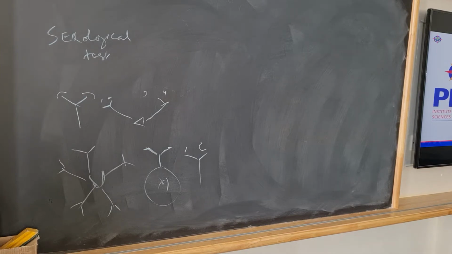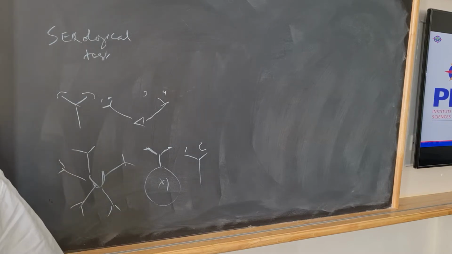So repeat with me. IgG has got 2 antigen combining sites. IgA has got 4.